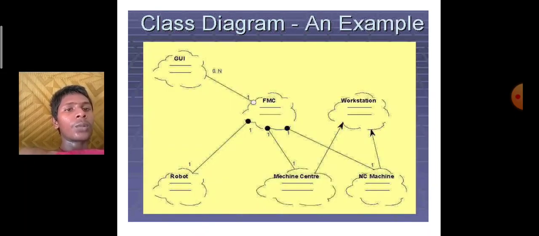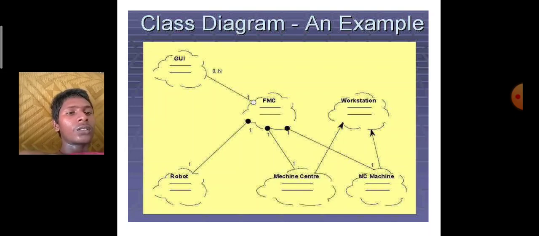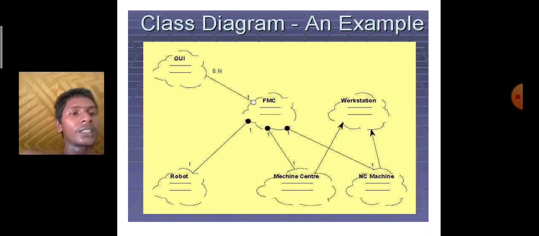Class diagram example: GUI, FMC workstation, robot, machine center, MC machine, NC machine. The FMC consists of robot, machine center and machine NC.